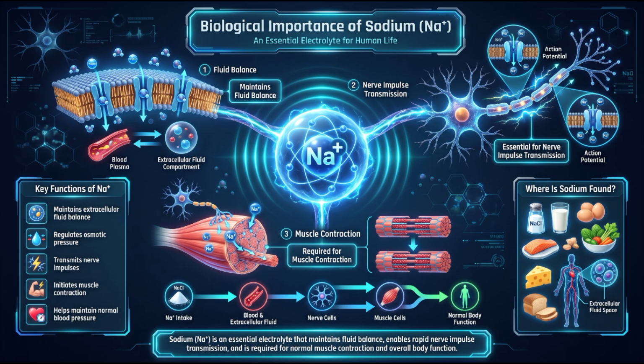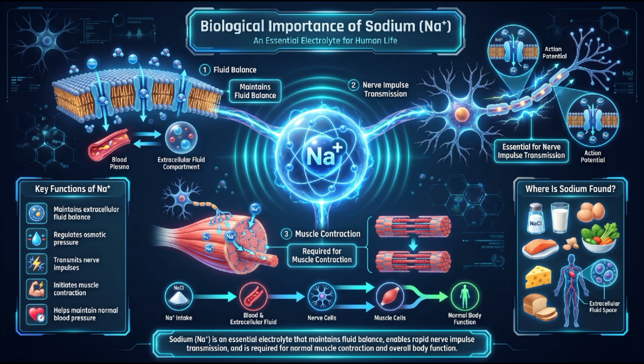Every muscle movement, from blinking the eyes to running, lifting objects, or even breathing, depends on sodium ions. When a nerve impulse reaches a muscle cell, sodium ions help initiate the electrical changes that trigger muscle contraction. This electrical signal eventually leads to the interaction of the contractile proteins actin and myosin, causing the muscle fibers to shorten and produce movement.